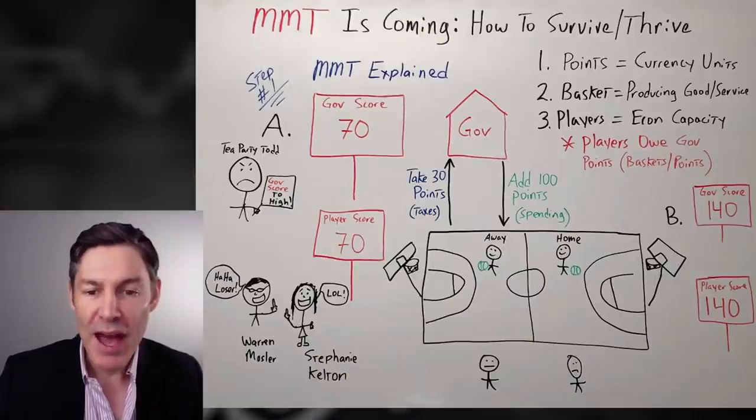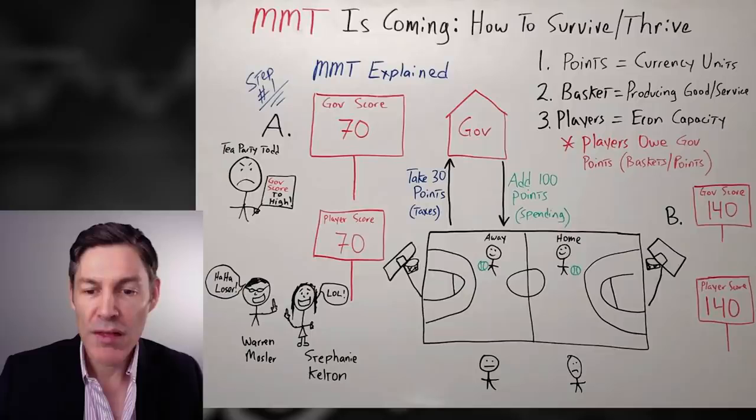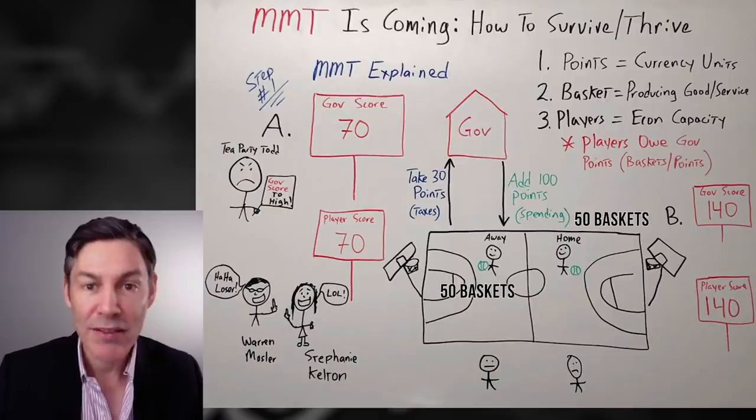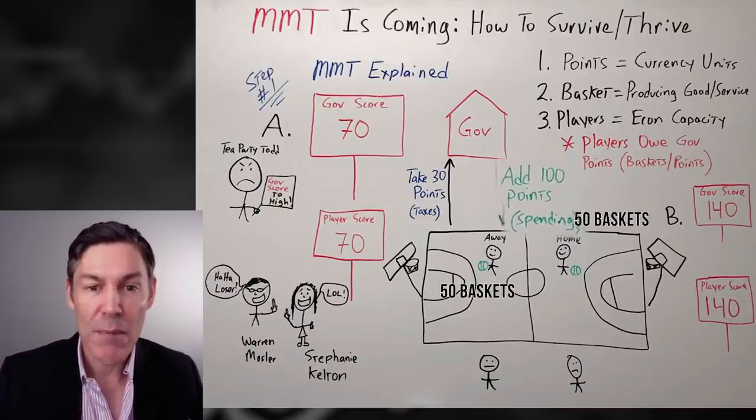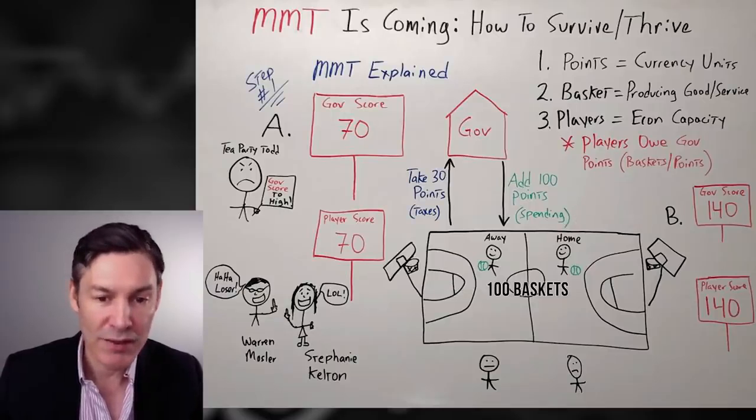So the government adds, let's say, 100 points into the basketball game. This is currency units they're spending. So if the away guy and the home guy both score 50 baskets, then it's perfect because the amount of spending or the amount of points equals the amount of baskets that are made. Fantastic.